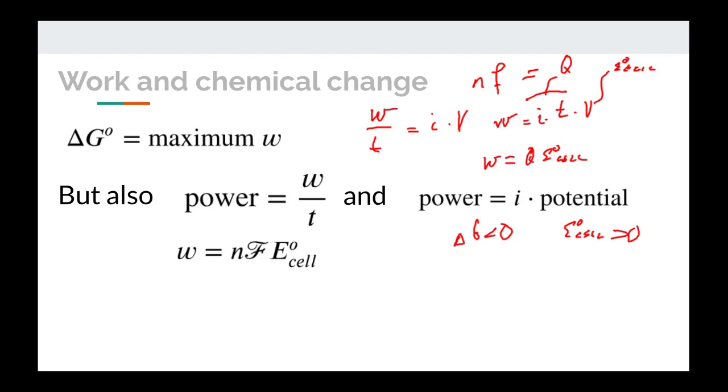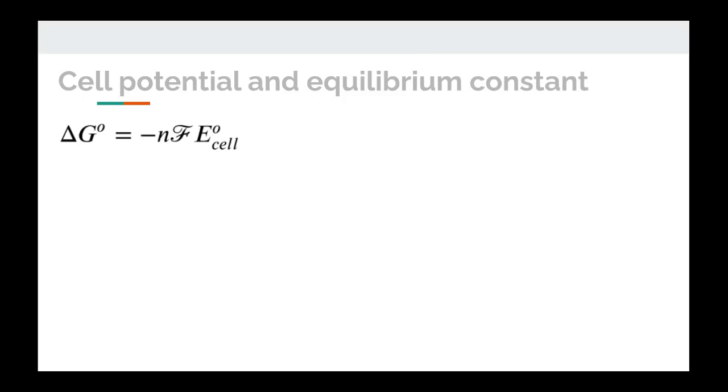They have to be opposites to each other. And so we get this relationship. Delta G is minus n times Faraday's constant times the cell potential. Now I put degrees on here, the little standard symbols. So I have standard free energy change and standard cell potential. So we've just established that delta G naught is equal to minus n times F times E naught cell.